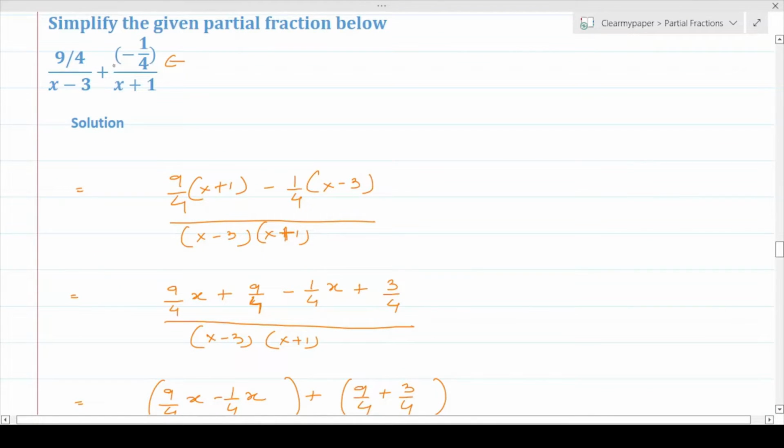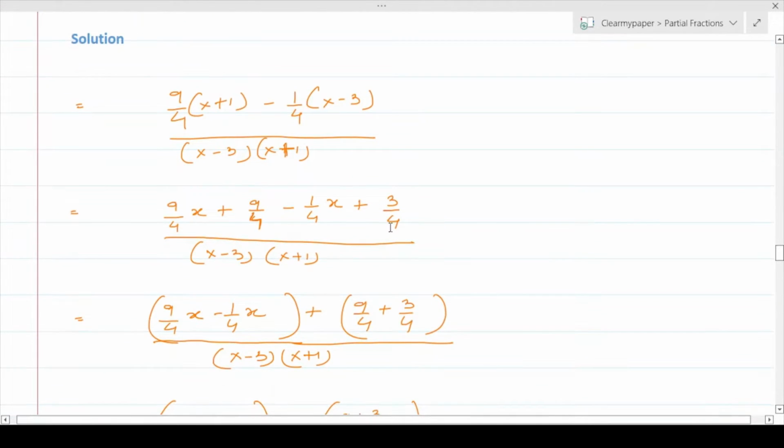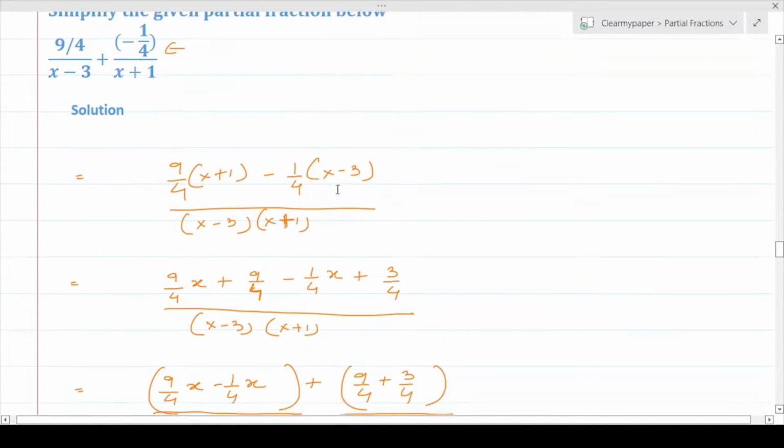And the simplification is a very simple process, not much. Basically we are going to cross multiply, find the common LCM, expand the brackets and simplify the expression. I've put it here step by step, where you take this into the brackets and find the common terms in x and the constants, and the denominator is just x minus 3 and x plus 1 multiplied, from the common LCM.